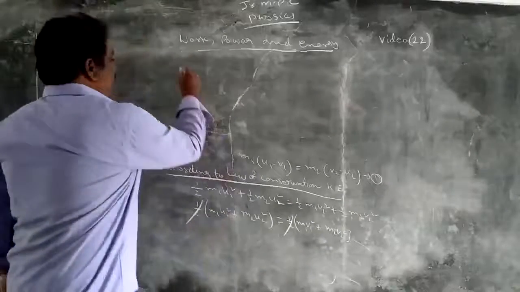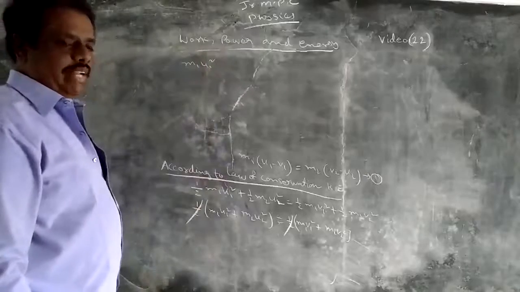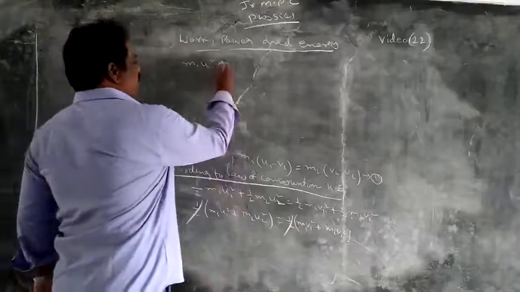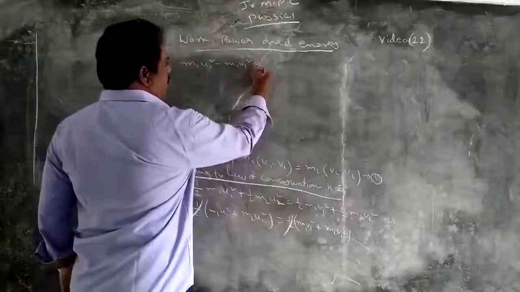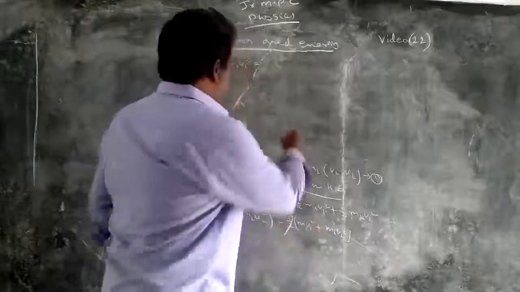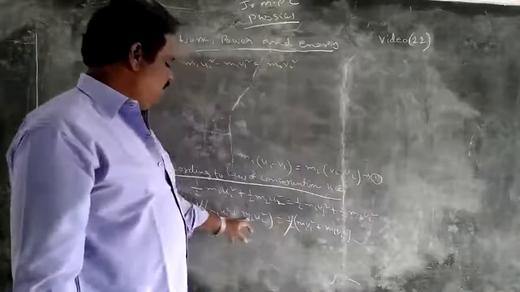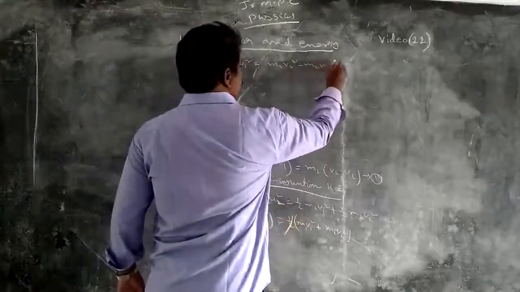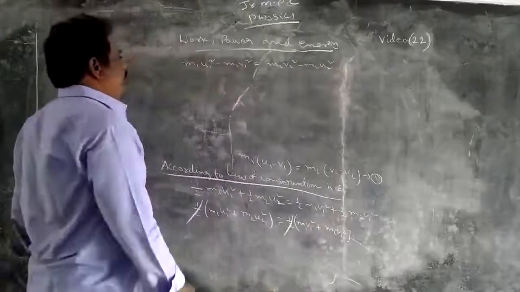m1 u1 squared, this is the first sphere with the initial velocity. For the first ball, take minus m1 v1 squared to the other side. For the second ball, m2 v2 squared, we take this to the other side and it becomes minus m2 u2 squared.